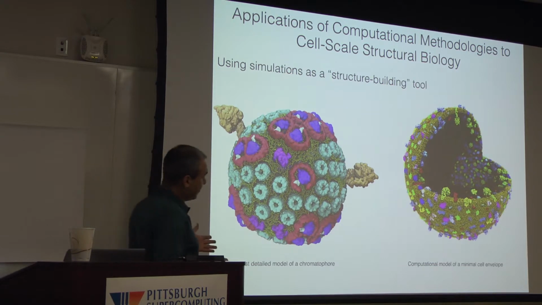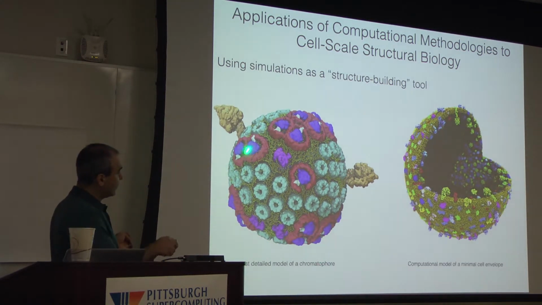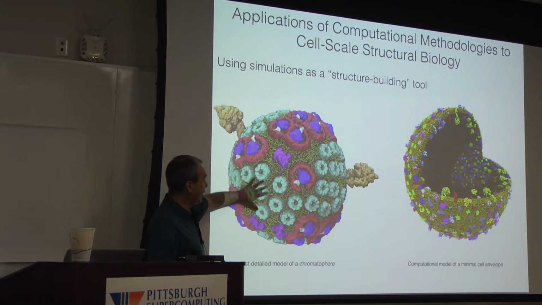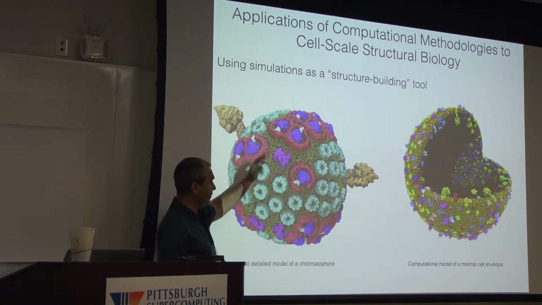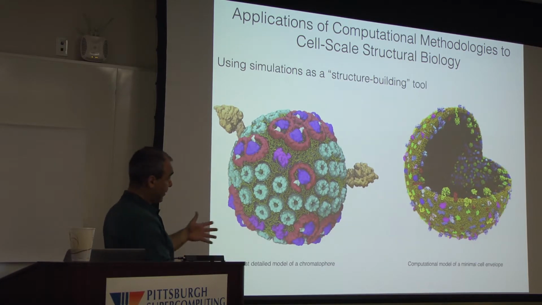Here are two examples of using MD and modeling tools to construct complex molecular systems. Here's the example of a chromatophore. This is a bioenergetic membrane that has a lot of copies of proteins that are involved in absorbing light energy and converting it to a proton gradient across the membrane or electron transfer, and then later using ATP synthase to produce ATP for the cell.